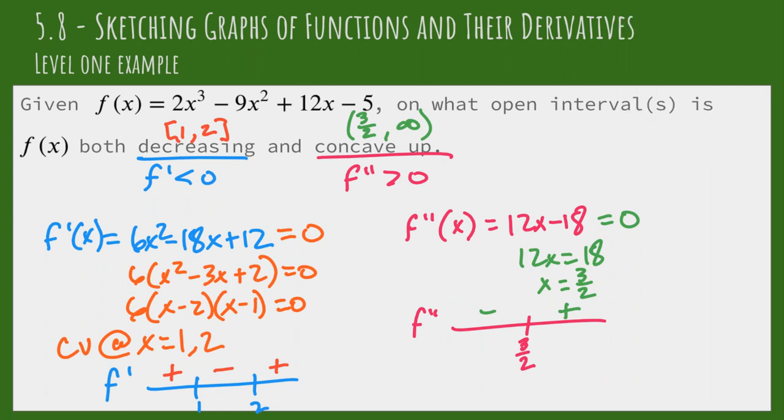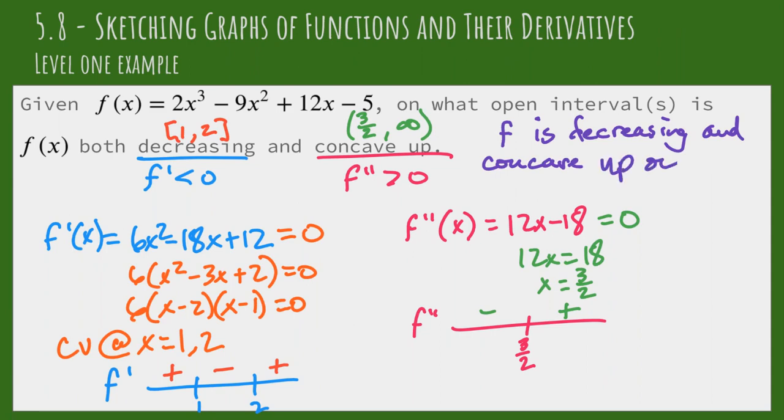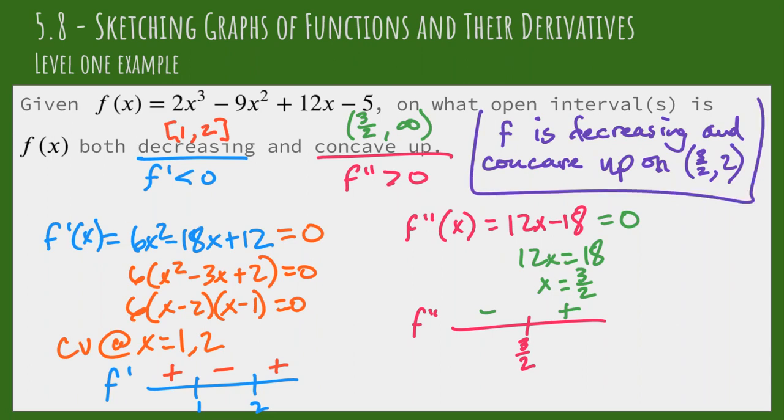So f is decreasing and concave up on the interval where these two overlap, which is going to be from 3 halves to 2. And remember, we're going to make it an open interval because that's what is asked for in the problem.